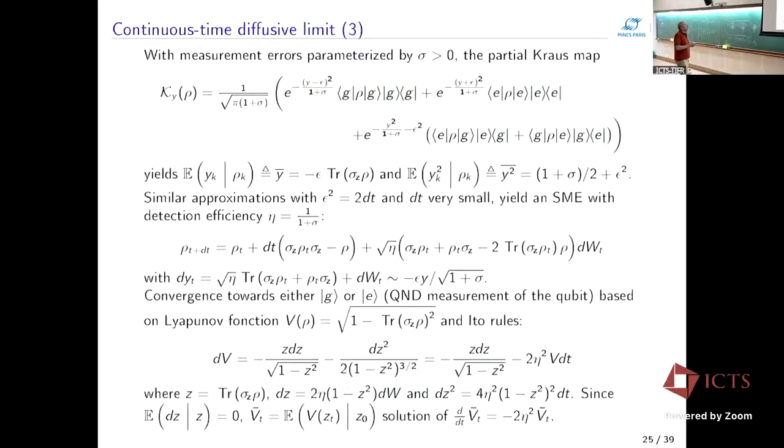If I have errors, I have more or less the same thing, but what appears is eta, which is the detection efficiency, and the detection efficiency is related to the sigma here by this formula. You have to take this into account in the formulation.